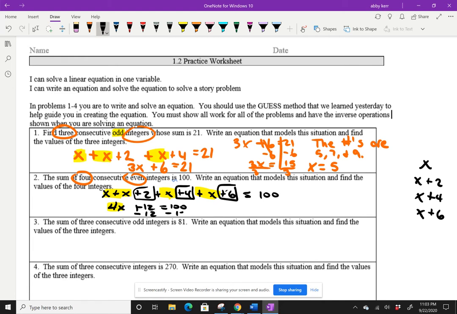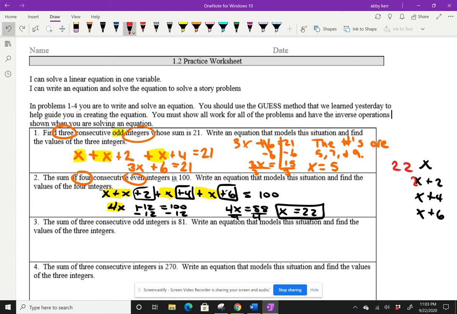Minus 12 on both sides. 4x equals 88. Divide by 4, divide by 4. You get x equals 22. Now you can plug that into x over here. If you let x be 22, what's 22 plus 2?